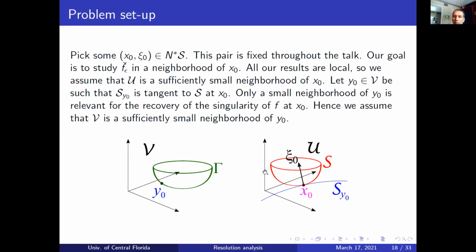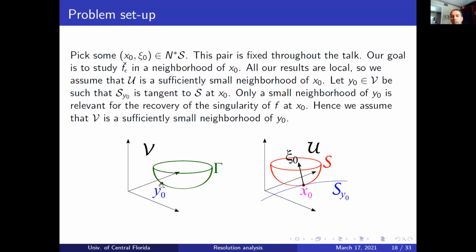So pick some x naught and xi naught in the normal bundle of S, and this pair is fixed throughout the talk. Our goal is to study f epsilon, the reconstruction in the neighborhood of x naught. So all the results are local. Therefore, we assume that U, the image domain, is some small neighborhood of x naught, and V, the data domain, is a small neighborhood of y naught.